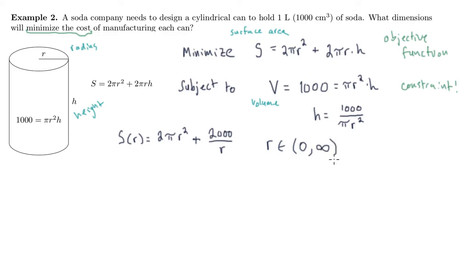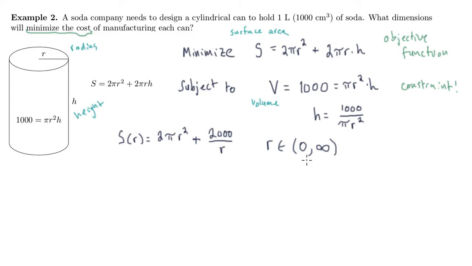Excellent. But I can actually go ahead and rule out the r equals 0 and r equals infinity cases, because if r gets really small, this term is going to go to infinity, and if r gets really big, this term is going to go to infinity. So really we see that our minimum value should occur at an r strictly between 0 and infinity.